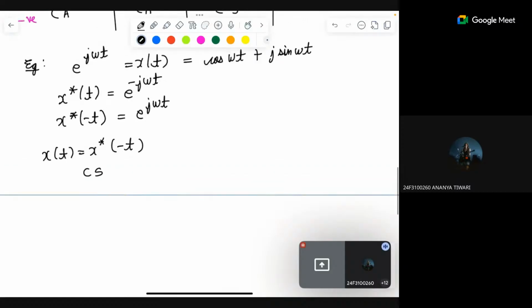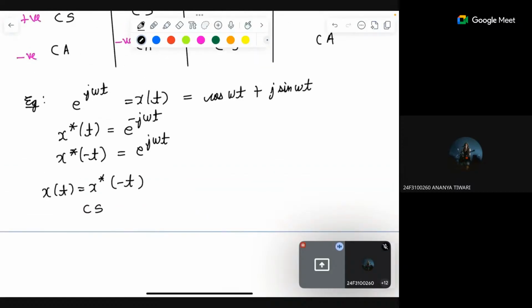Alright, so now let us come back to our Euler signal. x(t) is equal to e raised to the power of j omega t. I can write it as cos omega t plus j sin omega t, according to Euler's identity.